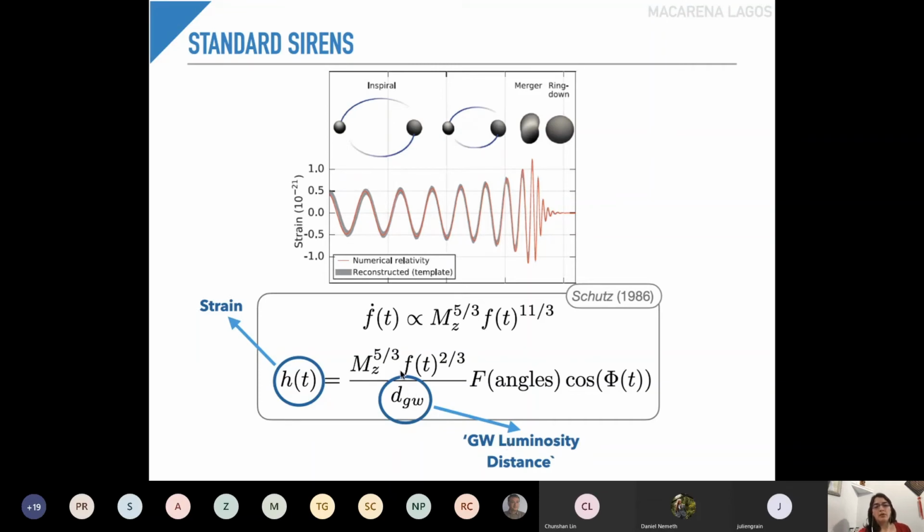So the idea is that using just the gravitational wave signal, you get constraints on this chirp mass, M. And by looking at the amplitude of the strain, and you already have constraints on the chirp mass, then you can get constraints on the gravitational wave luminosity distance. So just from the gravitational wave sector, you get constraints on this distance.